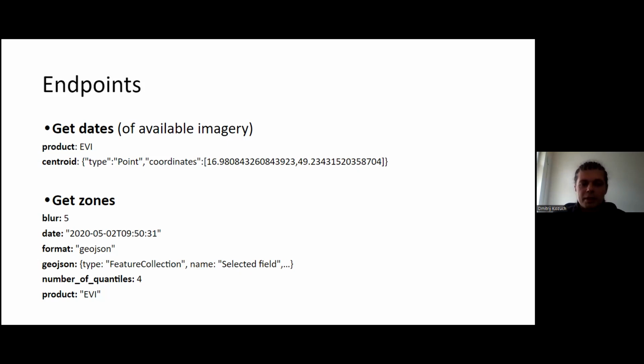The fifth quantile means the highest values, and the first quantile means the lowest values. Because the data can be detailed or contain noise, there is also a blur parameter that applies a Gaussian smoothing filter to get rid of noise.